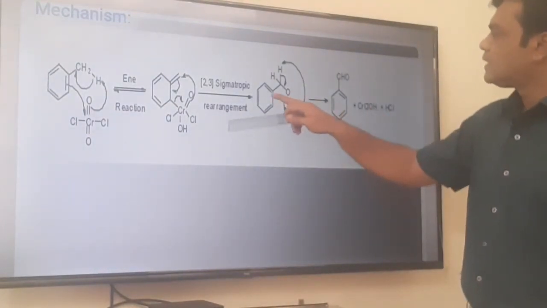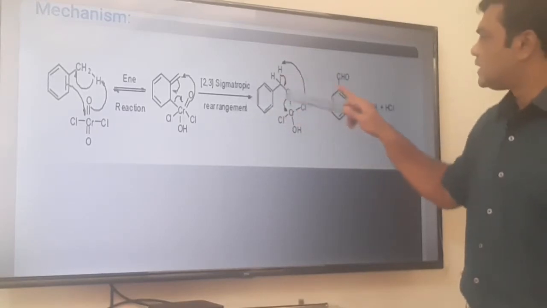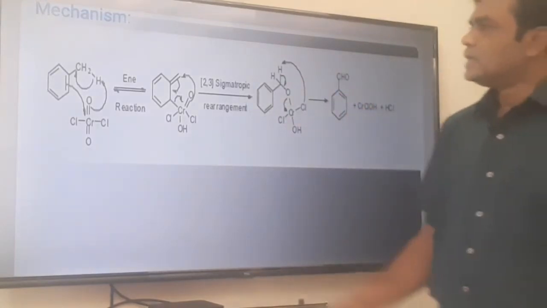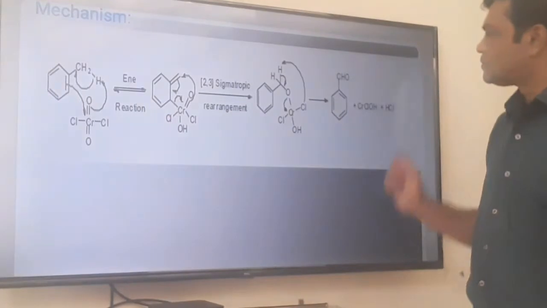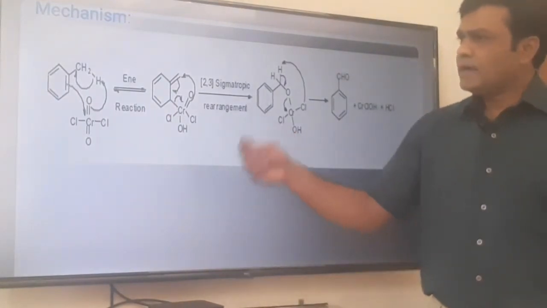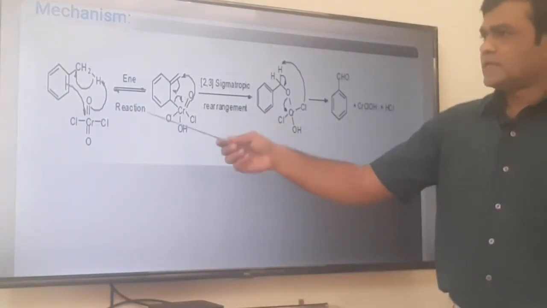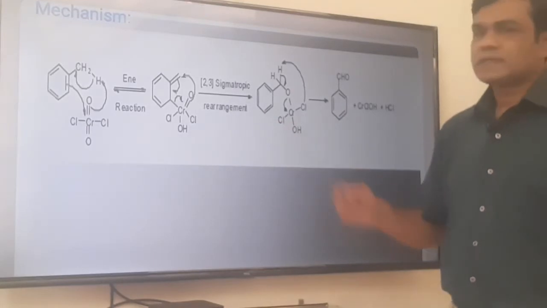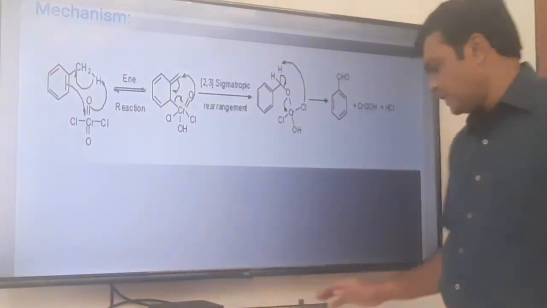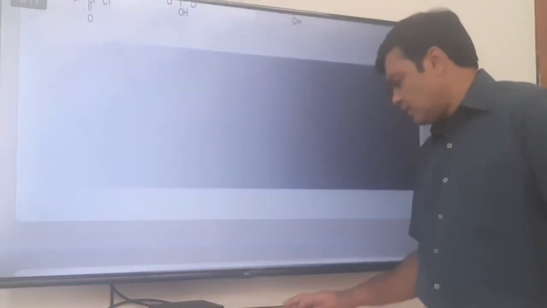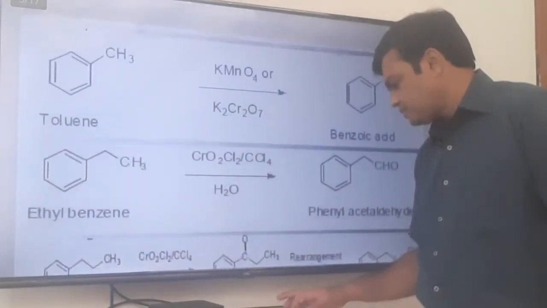And what we get here, benzene with C double bond O, that is benzaldehyde, is obtained. In this way, this methyl group is oxidized to aldehyde via two consecutive pericyclic reactions. One is the ene reaction and the other is the 2,3 sigmatropic rearrangement. Okay, this is the mechanism.